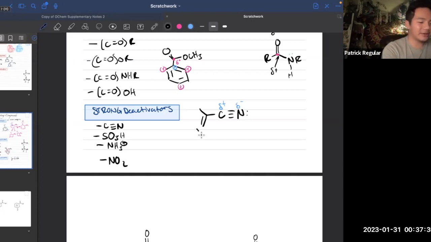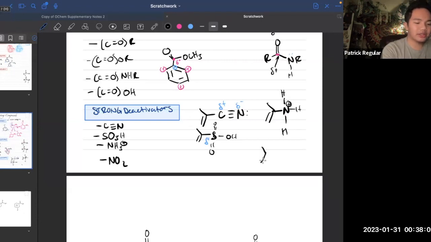Same thing with benzene sulfonic acid. You have sulfur, and sulfur is partially positive. And then for NH3 and NO2, those nitrogens, straight up, they have a positive formal charge. I already showed you aniline, or the protonated aniline, where that lone pair is lost and becomes a hydrogen.